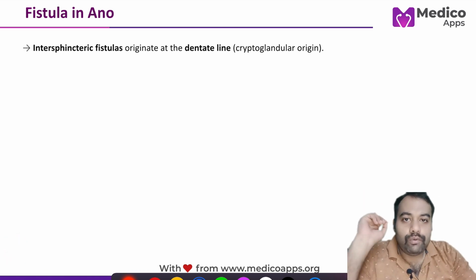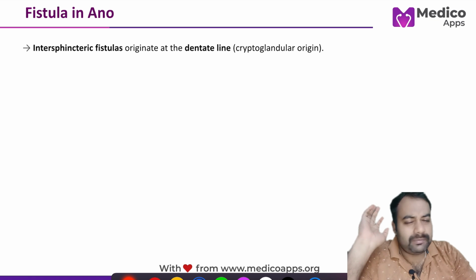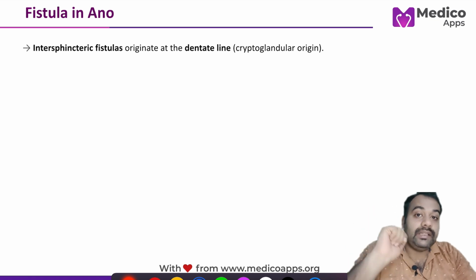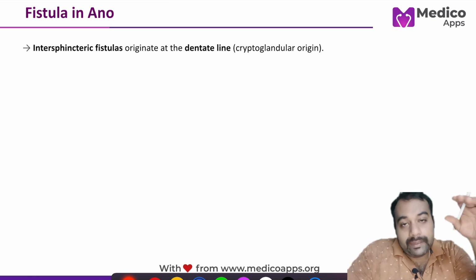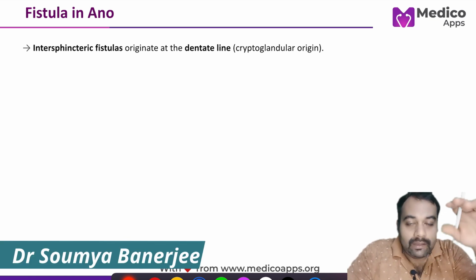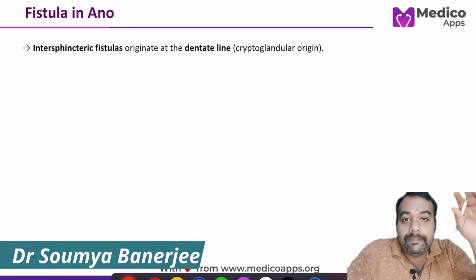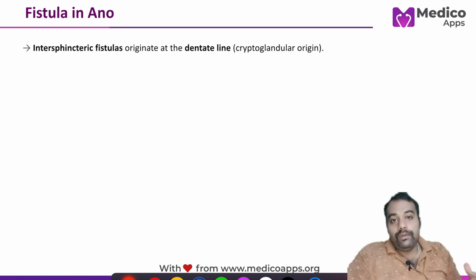It is the most common type of fistula, seen in around 70% of cases. What exactly happens is that it develops from the dentate line, where there is a glandular origin.